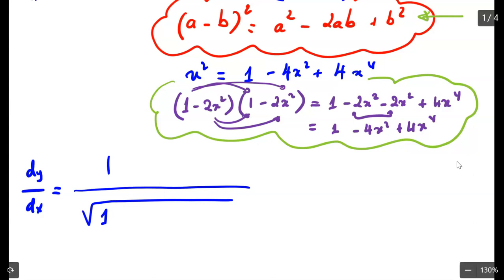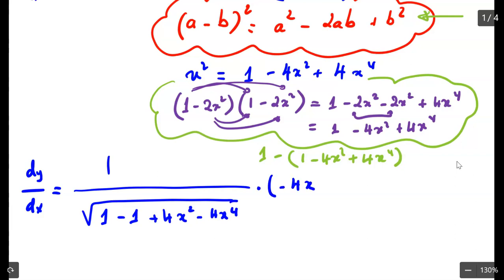So I will have 1 minus the bracket 1 minus 4x squared plus 4x to the exponent 4. When I write it in here, I will take into consideration the minus sign in front of the bracket. So I will have that as minus 1 plus 4x squared subtract 4x to the exponent 4. And this whole thing will multiply by negative 4x.